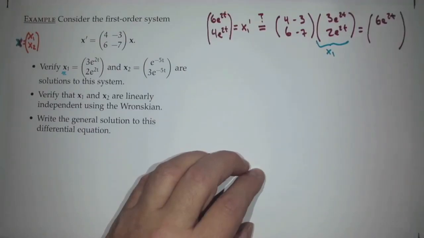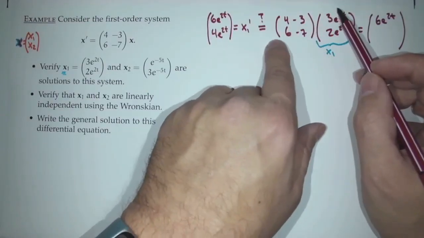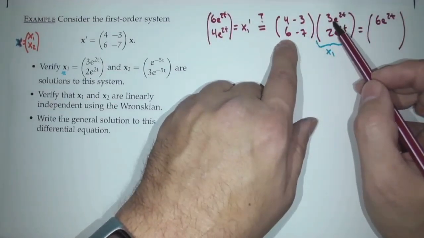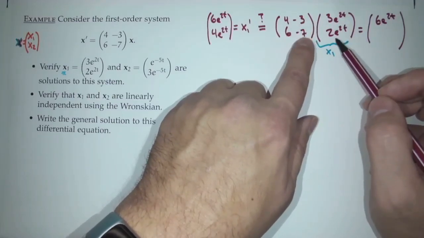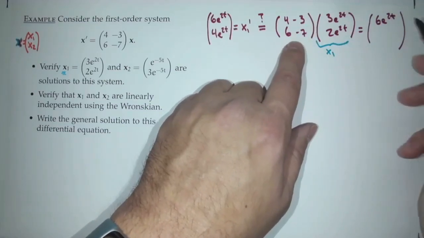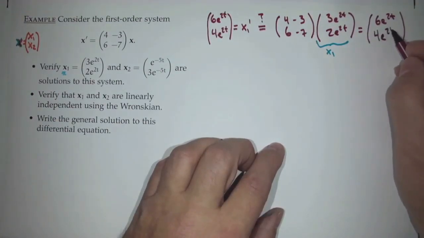All right. Now we go to the next row. Work our way across on the first, down in the second. 6 times 3 is 18e to the 2t. And we're going to have minus 7 times 2 is minus 14e to the 2t. And if we put that together, what do we get? We get 4e to the 2t.